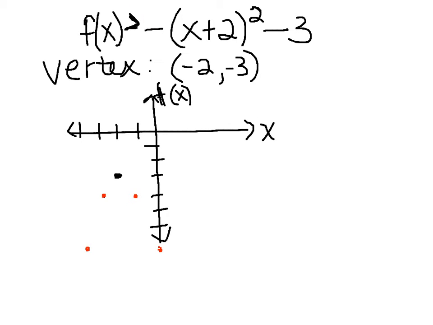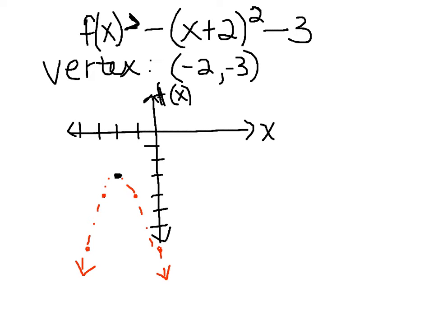If I take a look at the inequality, it's greater than, which means it's going to be a dashed line, not a solid line. It extends the length of the entire grid that I have here on my paper, which is important.